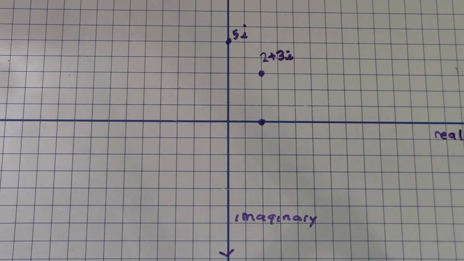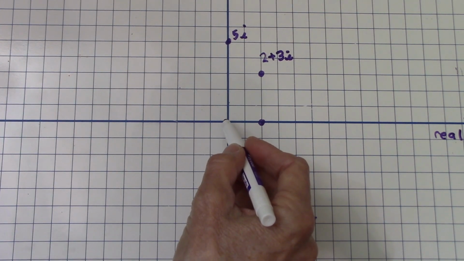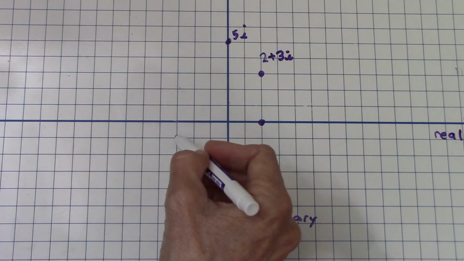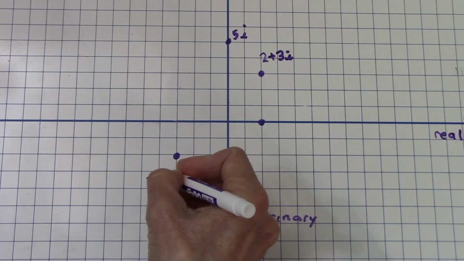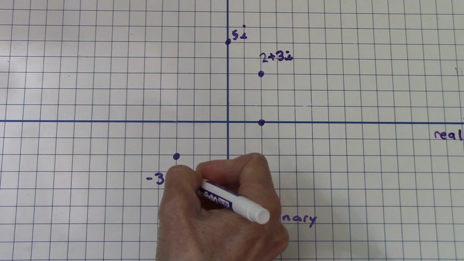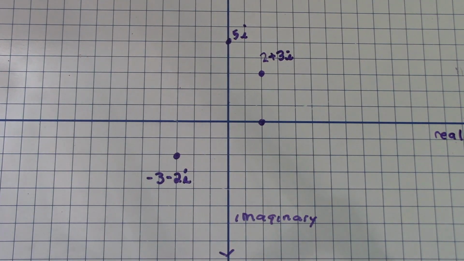If we wanted to graph the number -3, -2, we'd go -3 over, and down 2. And this is the point -3 minus 2i. So it feels very much like graphing along the xy coordinate plane, except our numbers are written differently.